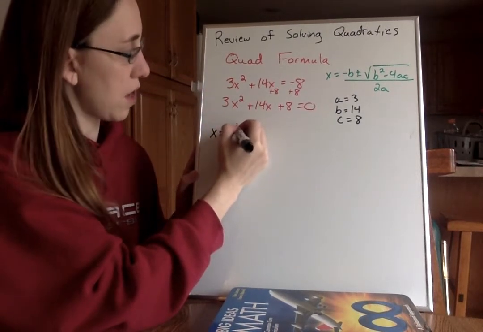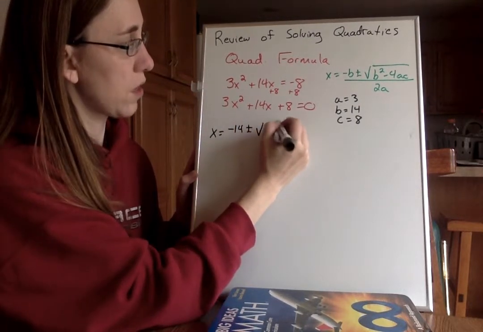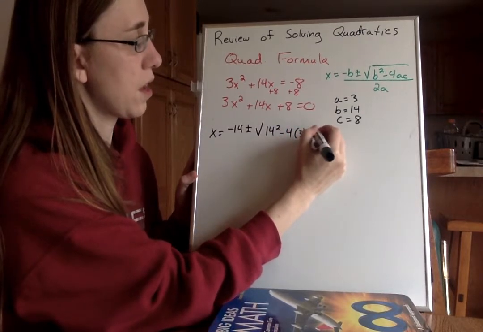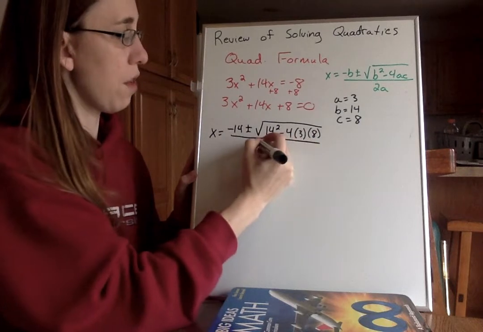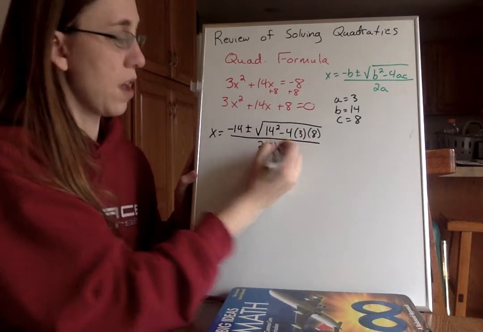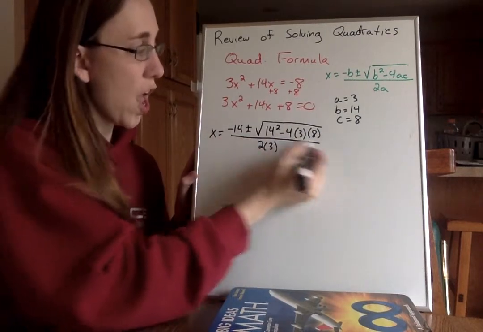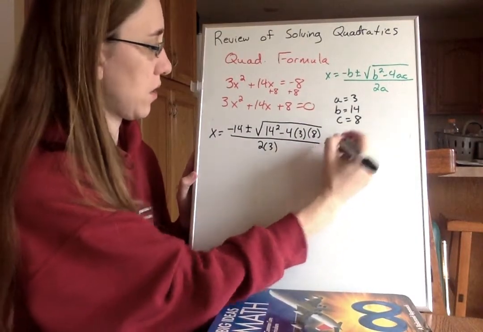x equals negative 14 plus or minus the square root of 14 squared minus 4 times 3 times 8, all of that over 2 times 3. Remember, the square root goes over all of that stuff, and everything on top is over that 2a. Now we start to simplify.